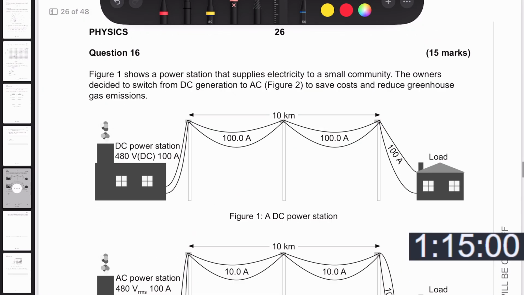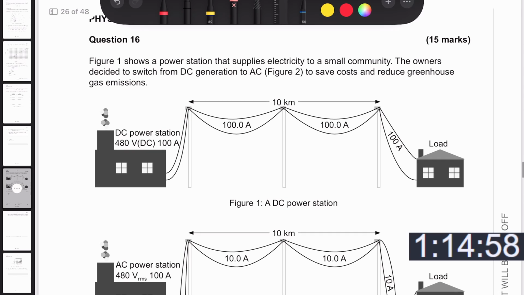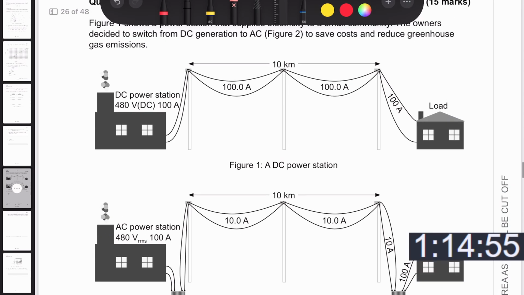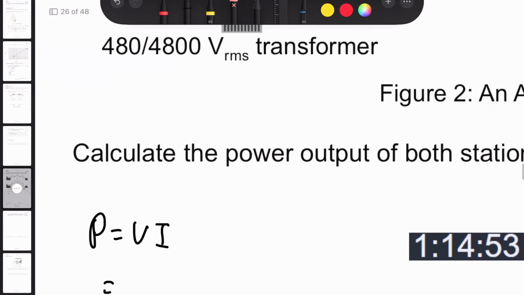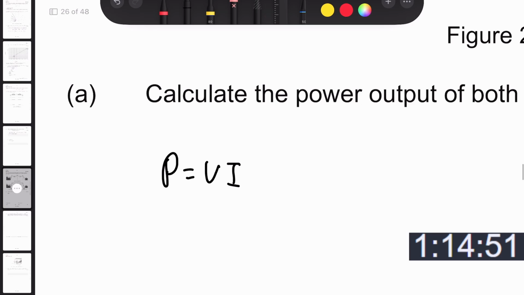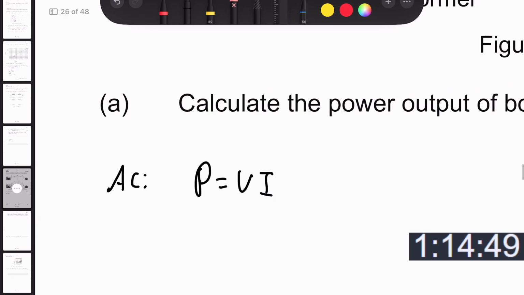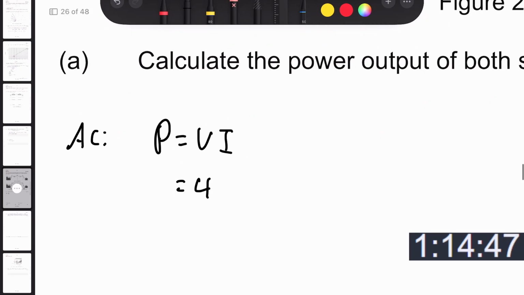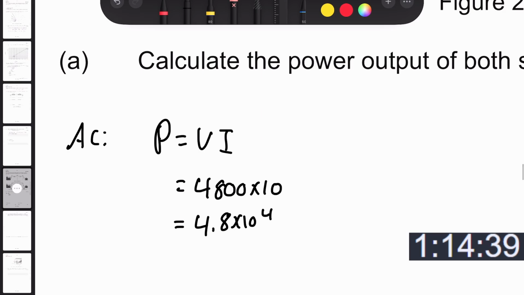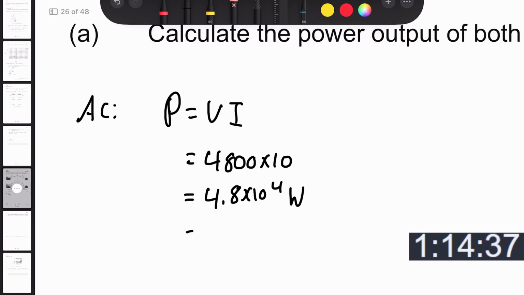Let's say AC. This is going to be 4,800 times 10, 4.8 times 10 to the power 4 watts, which is 4.8 times 10 to the power 1 kilowatts.